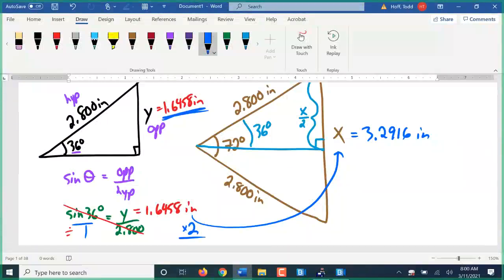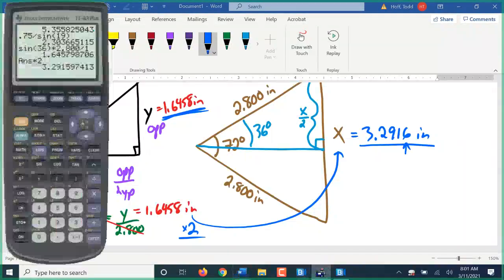But there are times where we multiply it by 2, and that last digit might be off by 1 because of the rounding on that first number. Here it was 7, 9, so when we rounded up to 8, we didn't lose much. So it still worked out okay. But if this had been like 1.64575, by rounding that up, when we multiplied by 2, our rounding would have been off on that next number.